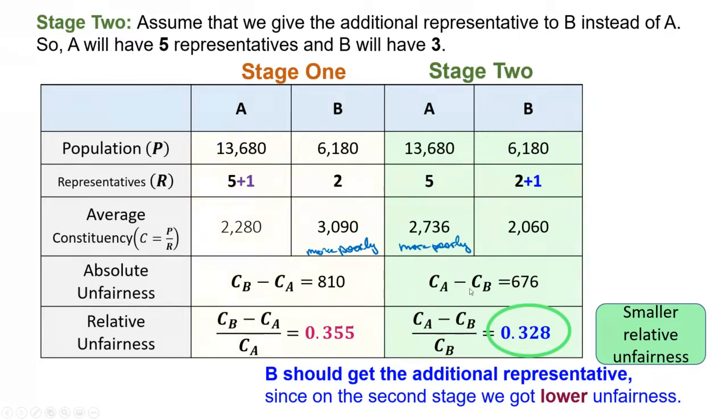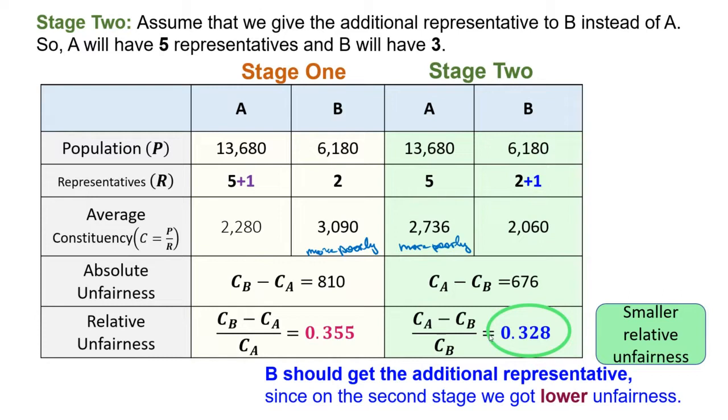And we find the relative unfairness. We subtract the constituencies and divide by the smaller one, by 2060. And now we get the second relative unfairness, 0.328, and this relative unfairness on stage 2 is smaller than the relative unfairness on stage 1. It means it will be less unfair to assign this representative to B.